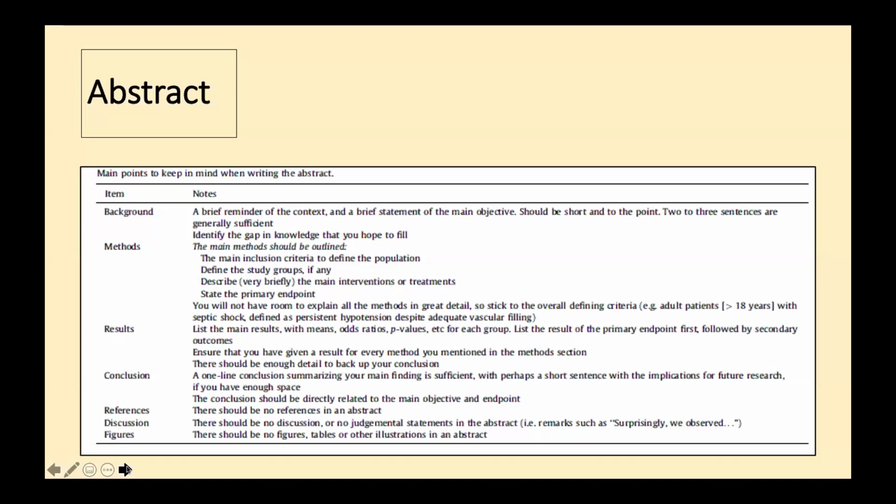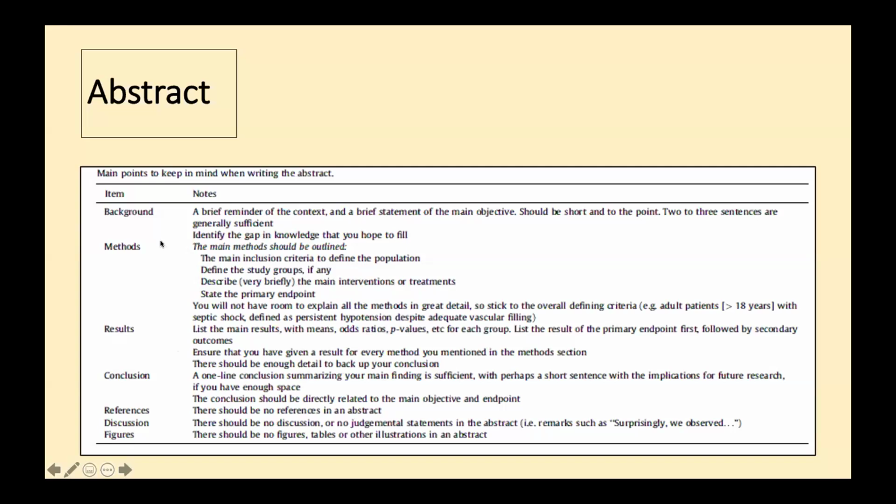So when people read the abstract, they get an idea, oh, this is about this, to solve this issue, right? Then identify the gap and go to the objective.